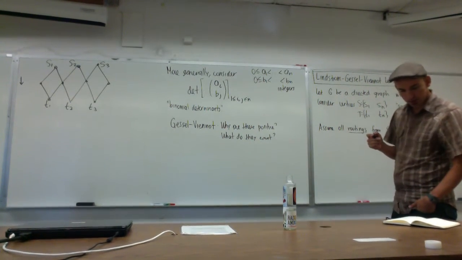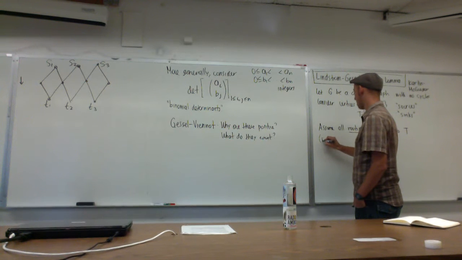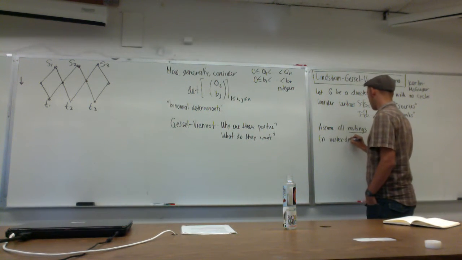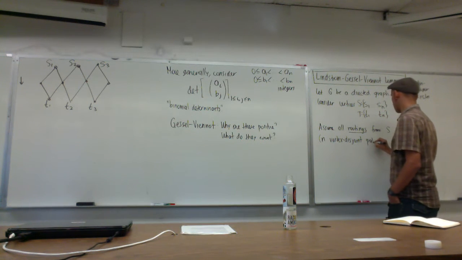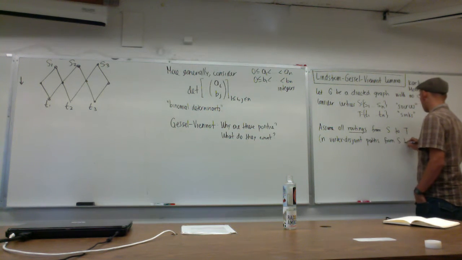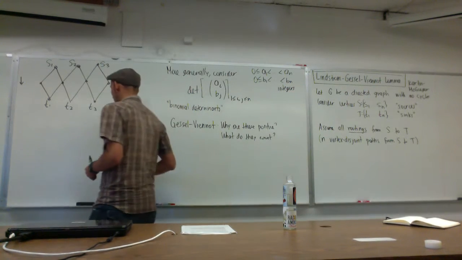So a routing from S to T means n vertex disjoint paths from S to T. Okay, so an example of a routing.